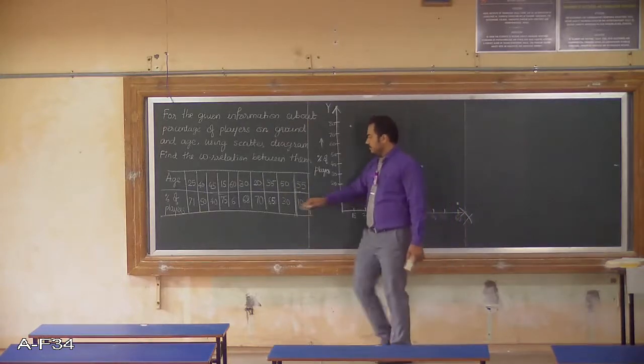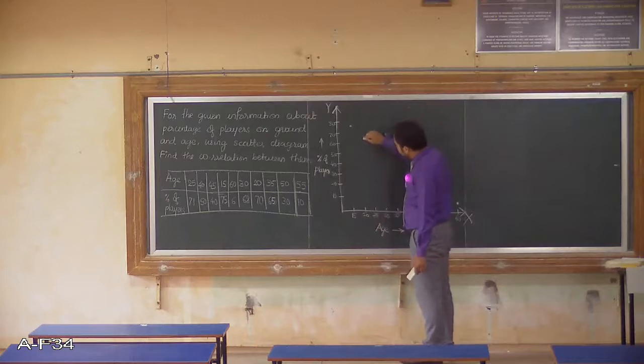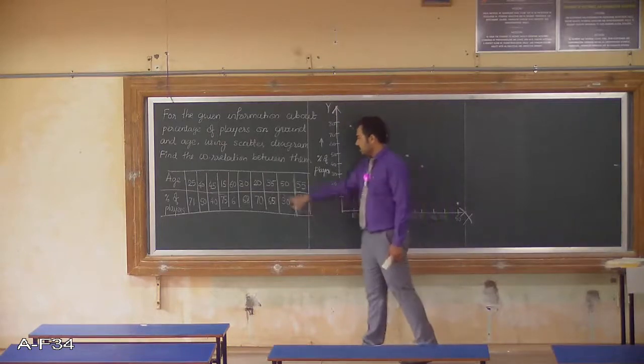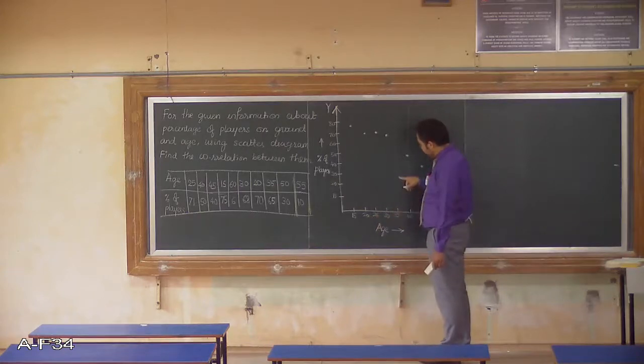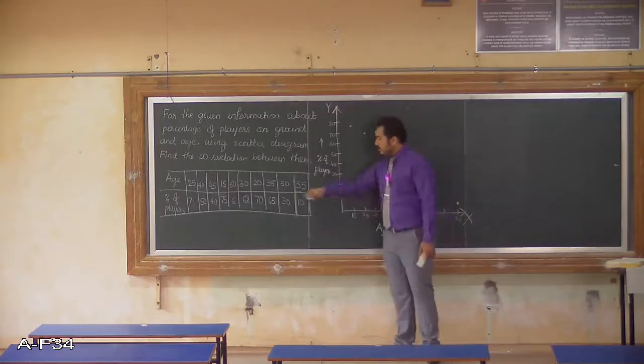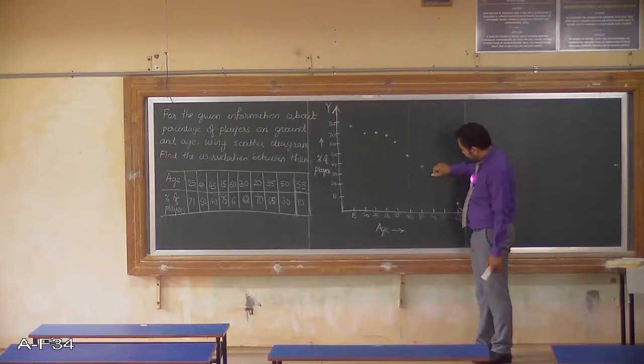Then we have the next entry, 20, 70. So for age 20, 70%. This is again near to 70. Then for age 35, it is 65. Then for age 50, it is 30. So 30% comes somewhere here. And for age 55, it is 10.